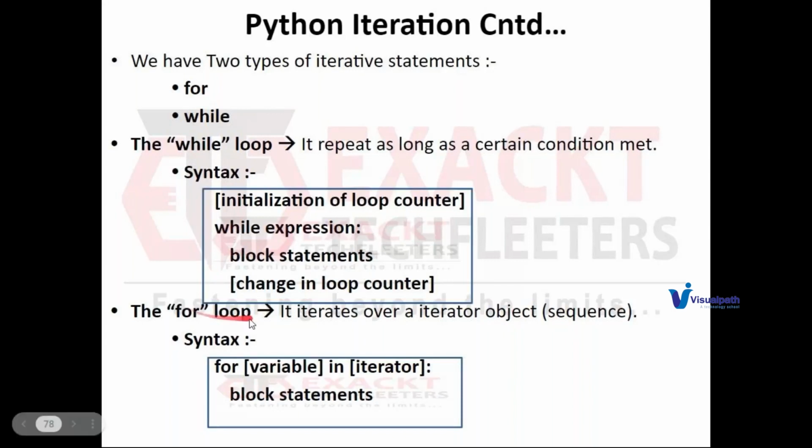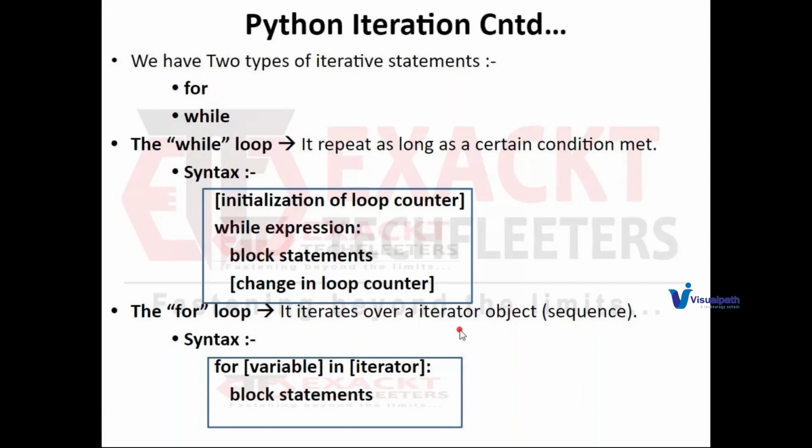And the for loop is very simple. It is much more handy than the while loop. It is not that complex. That's why the for loop is used. To use the for loop, you write for, and then you create a variable here which will contain the value from the iterator.